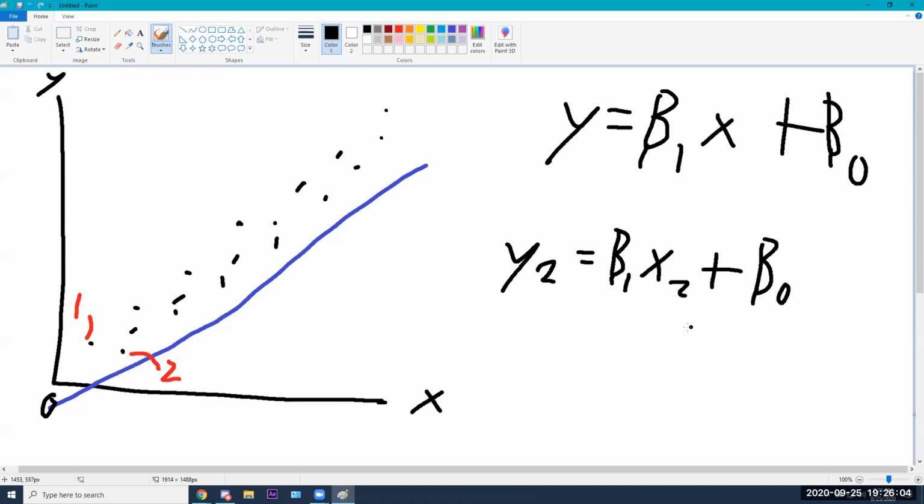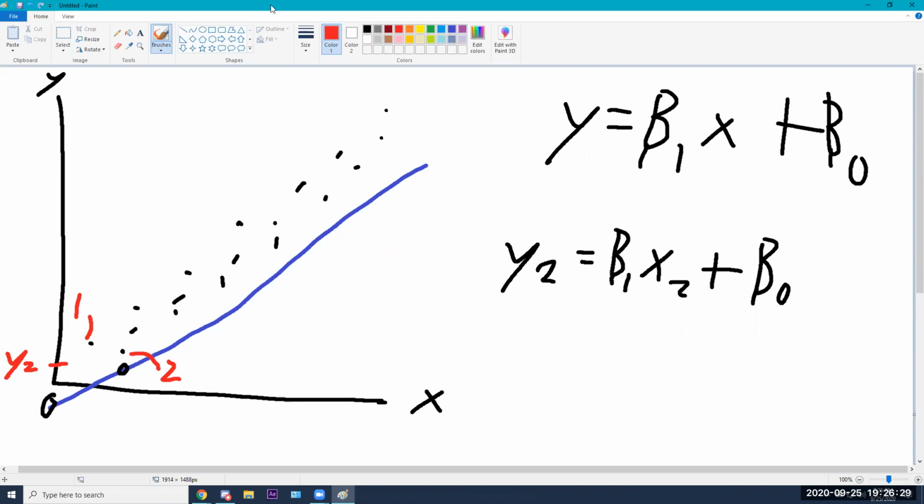This is essentially plugging in the x value of the I equals 2 point and getting the line's value at that point. So say x equals 2, you plug this in here, and your y gives you this point right here. So this would be your y2 hat.